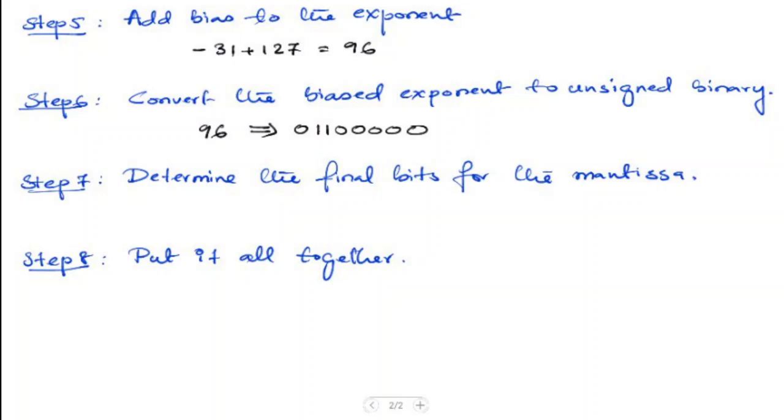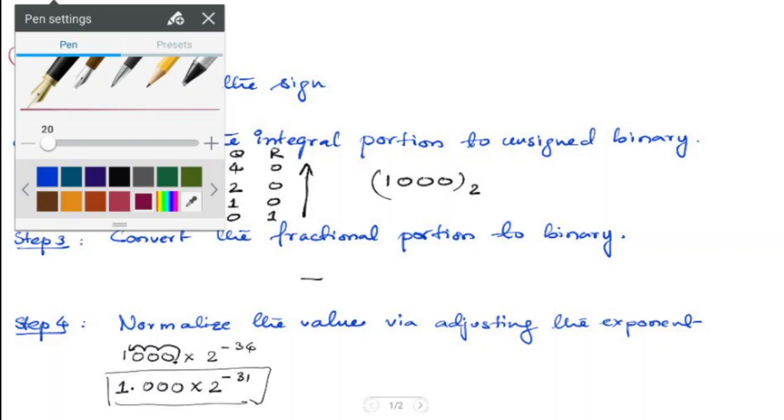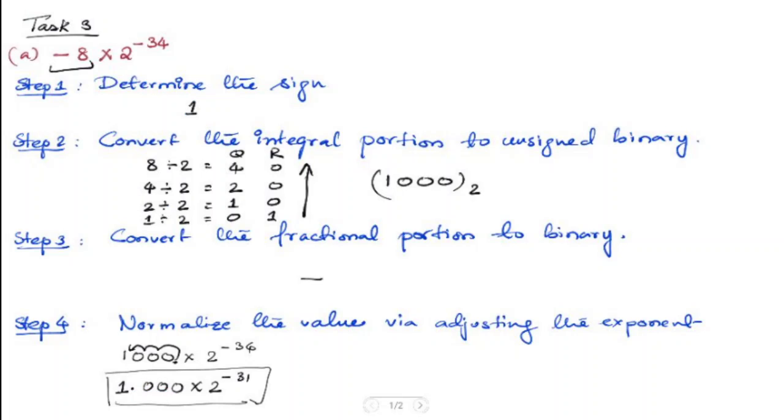But when you do it, I think you will not get this extra 0 over here, if I'm not wrong. Okay, so now when you come back, you have to determine the final bits for the Mantissa. We get the Mantissa by looking at the normalized value here. Whatever value we have after the decimal point is the Mantissa.